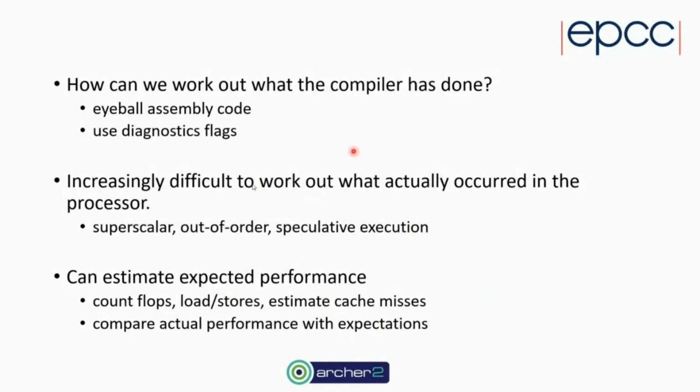And then you can also play around a little bit. One quite nice thing to do is take your code and compile it with vectorization options turned off, and then you can see what the performance difference is when the compiler's vectorizing. On a system like ARCHER2, if you see a significant performance difference, 4 times slower, 8 times slower, then you can say your code is optimizing well in the vectorization space.